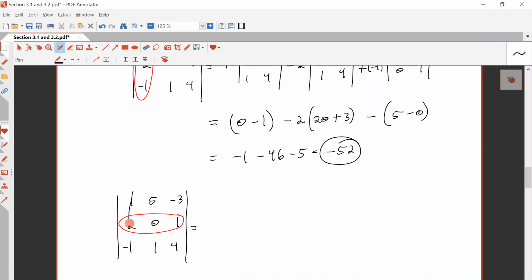So this is 2, row 2, column 1. 2 plus 1 is odd, so it's minus 2 times the 2 by 2, 5, negative 3, 1, 4. Strike out the next column, 0, and 0 times whatever 2 by 2, so you don't have to worry about that. And then minus the last one, it goes minus, plus, minus: 1 times the 2 by 2, 1, 5, negative 1, 1.